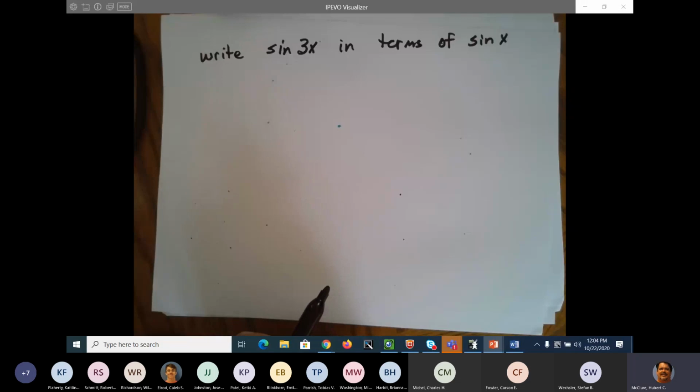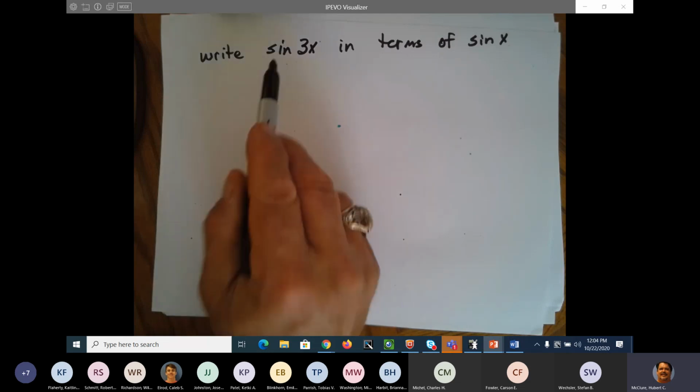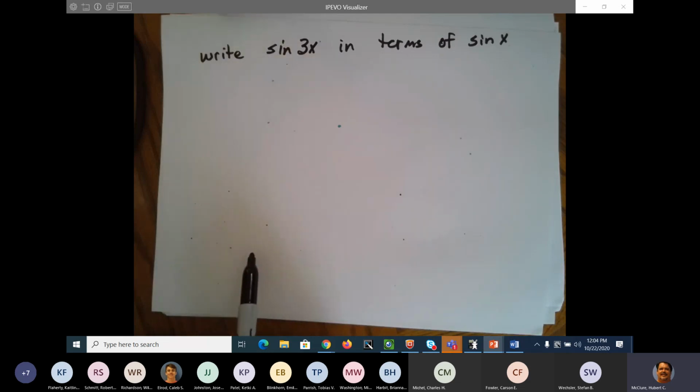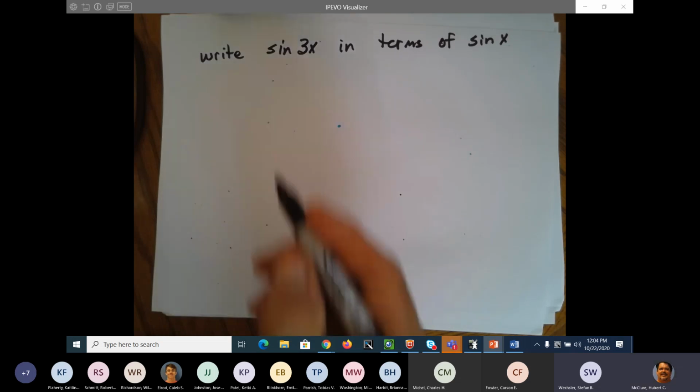So I want you to take a minute and think about how you could rewrite the sine of 3x in terms of addition of angles, and you'll see this in Calc 2. You could do sine of 2x.